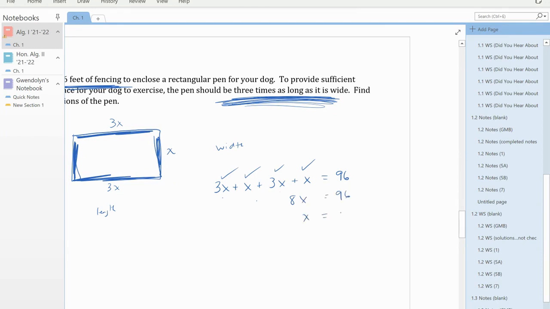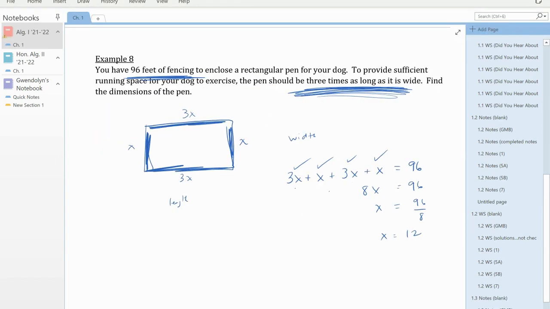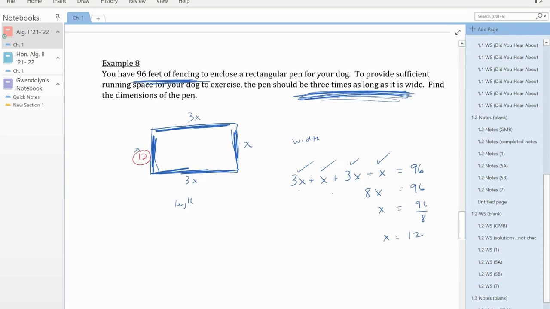And then if I divide both sides by 8, x is 12. Okay, now go back to the picture. If x is 12, this side over here is 12. This side is 3 times that, which is 36.